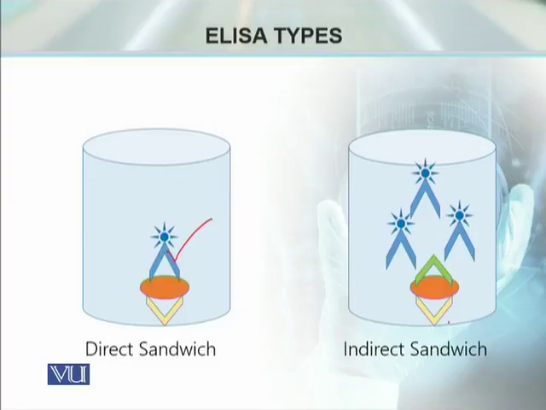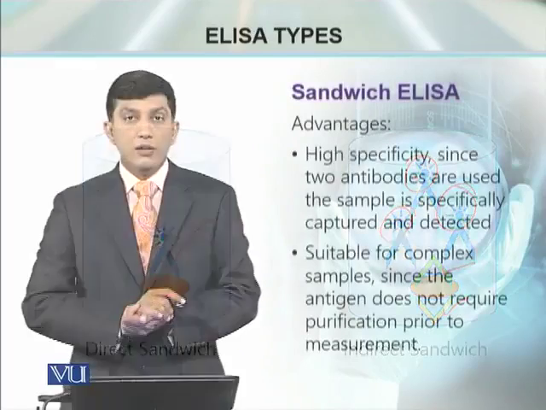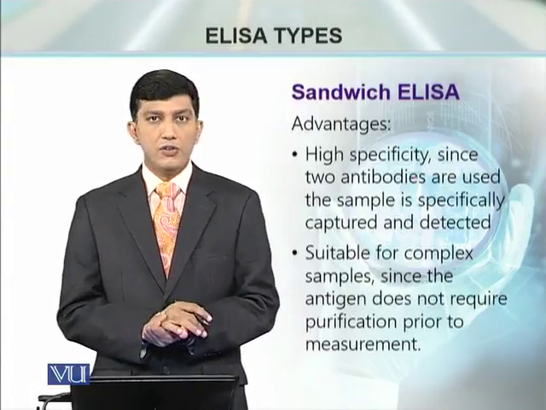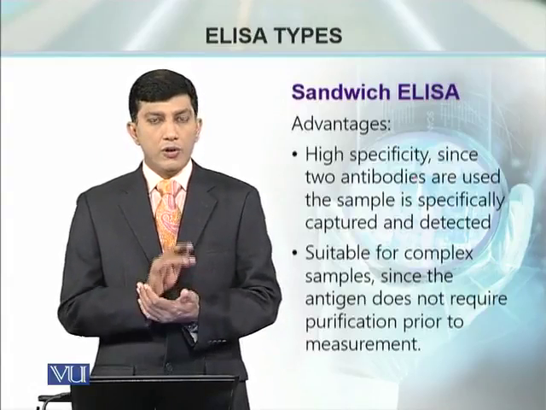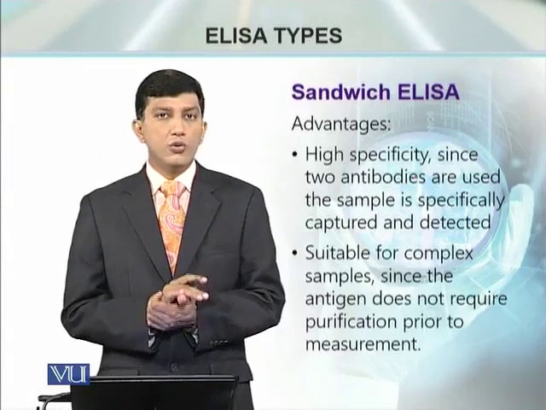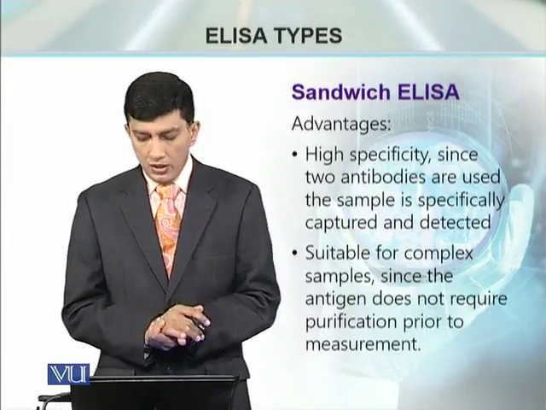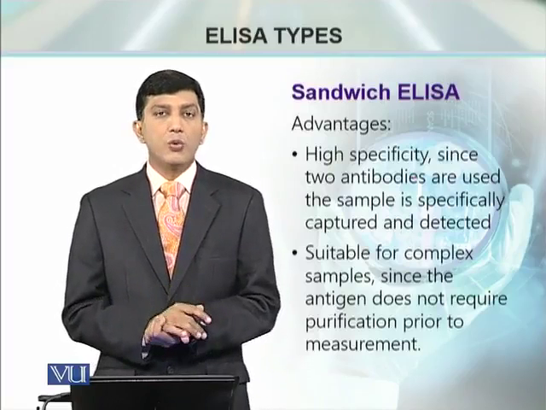In indirect sandwich ELISA, there is the capture antibody, there is the detection antibody, and then there is the secondary antibody that can detect the primary antibody, or the detection antibody. This method of sandwich ELISA has further advantages, and for the reason that we are using two antibodies in this particular method, the specificity is quite high.